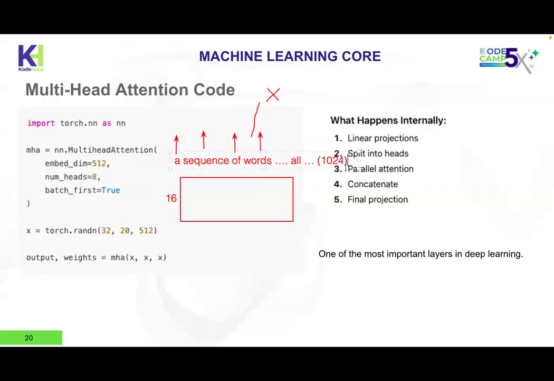So that would be the sequence length. In fact, let me go back and make this 128, so the vector embedding size is 128 and the sequence length is 1024.